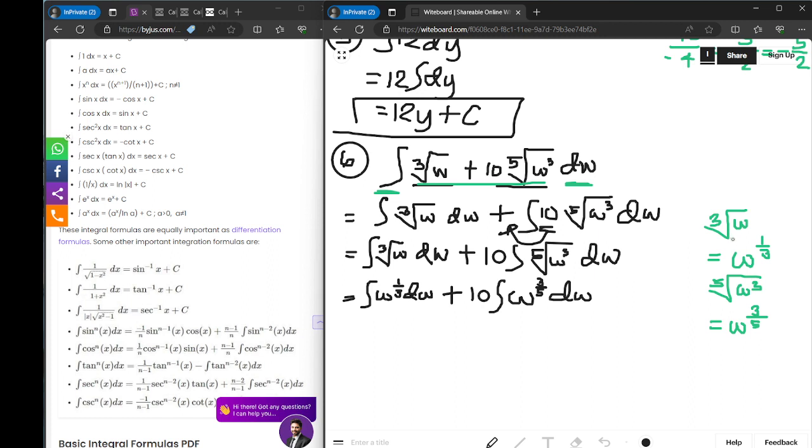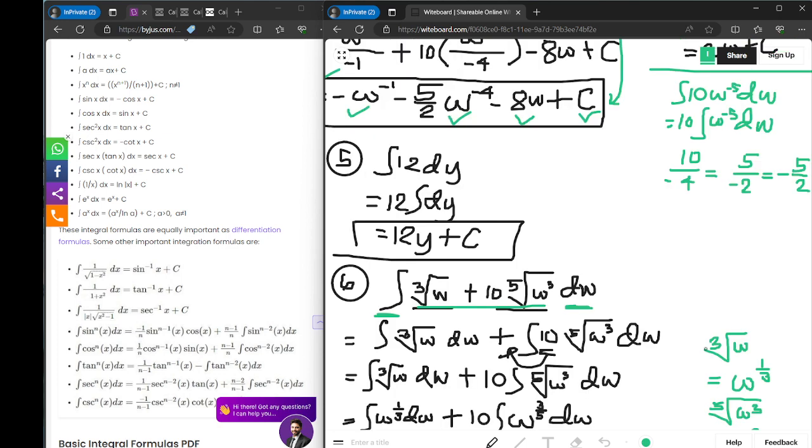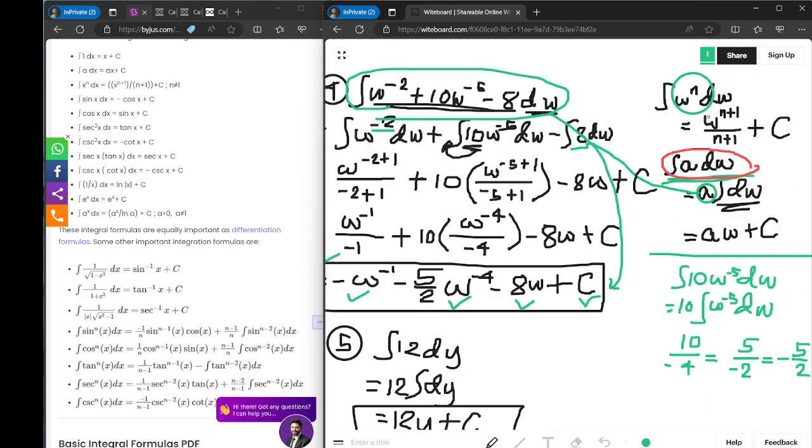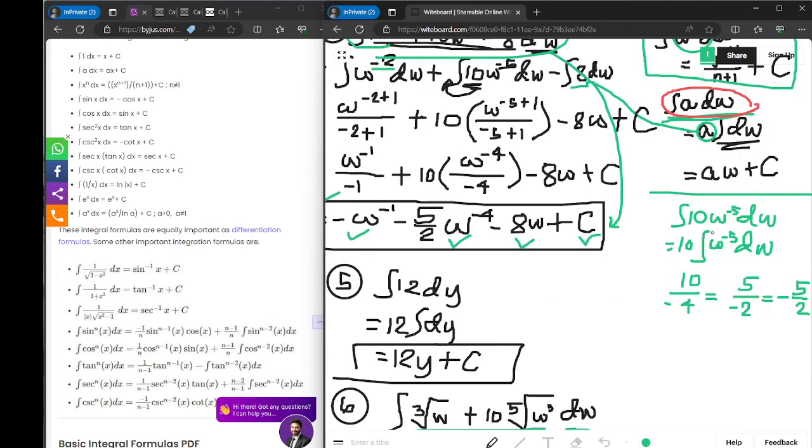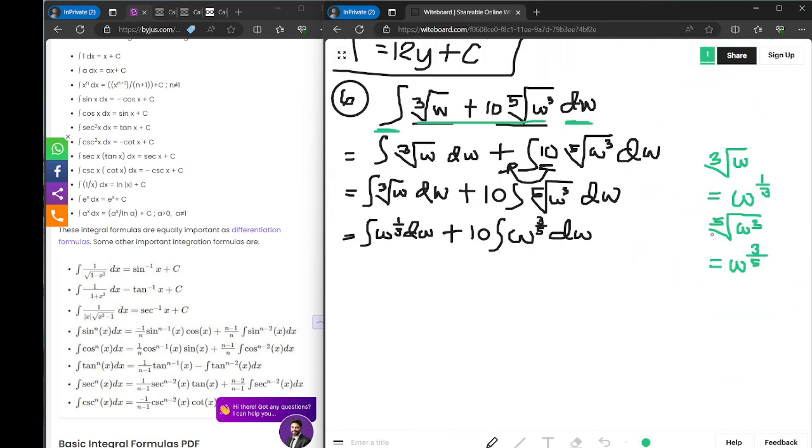Then we can go back to our previous property, and if you check, we can find it here, this one. So that means this will become the integral of w to the power of 1/3 is equal to w raised to power 1 over 3 plus 1, and here we have 1 over 3 plus 1.